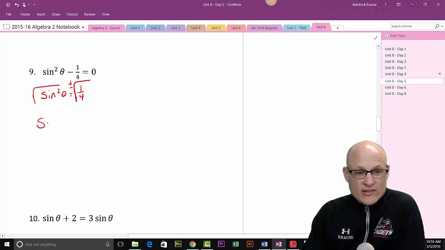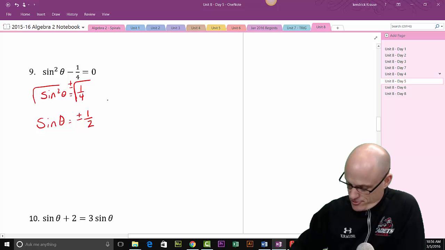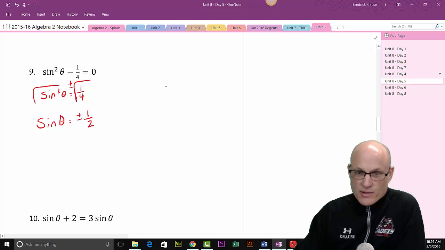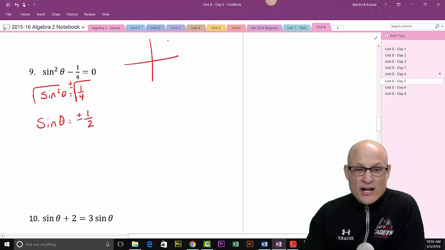So this becomes sine of theta is equal to plus or minus, the square root of 1 is 1, the square root of 4 is 2, so plus or minus 1/2. So sine is equal to plus, which is in this quadrant and this quadrant, and minus, which is in this quadrant and this quadrant. That means there's going to be 4 answers, one in every quadrant.